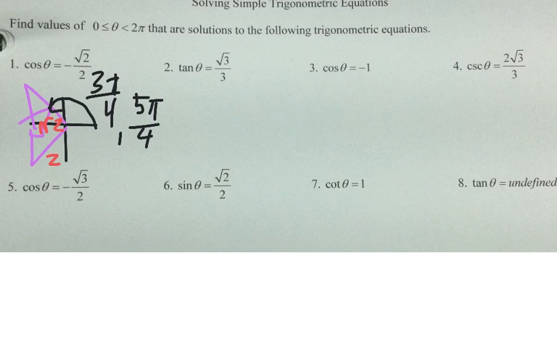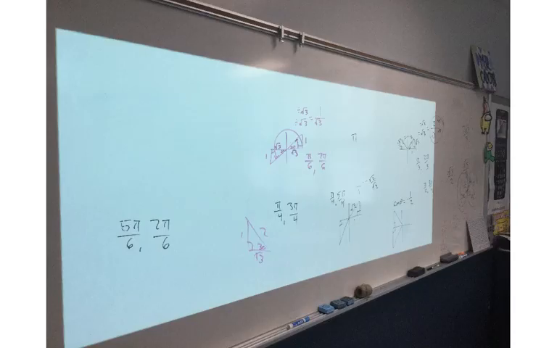So that page and the next page are all the same thing. That's what we're going to work on today. This looks kind of dumb because I had to go to the next slide, but this is the answer to numbers 2, 3, 4, 5, 6, 7, and 8.